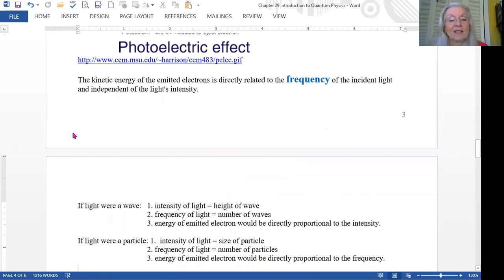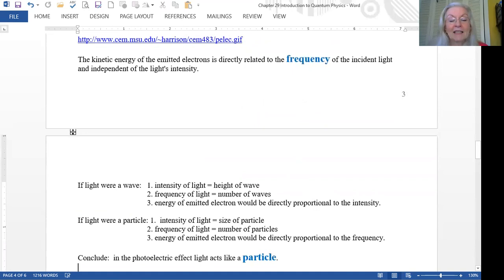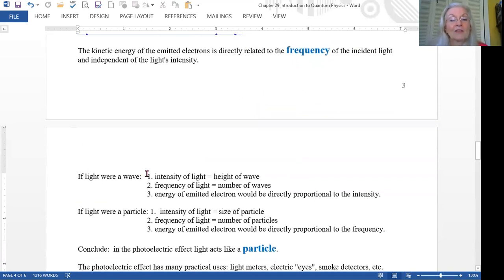And that leads us to say, well, in this instance, light is acting like a particle. If light acted like a wave, the intensity of the light would correspond to the height of the wave, the frequency would correspond to the number of waves, and the energy of the emitted electrons would have to be directly proportional to the intensity. But in reality, the intensity of the light corresponds to the size of our particle.